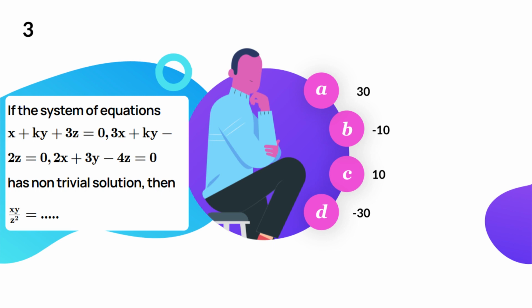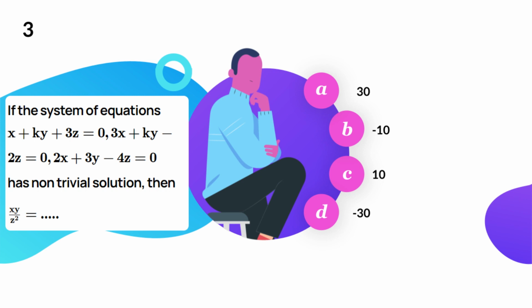Okay. Now we come to the third question. It is told that the system of linear equations x + ky + 3z = 0, the next equation 3x + ky - 2z = 0, and the third equation 2x + 4y - 3z = 0 has a non-zero solution. This word is very important.